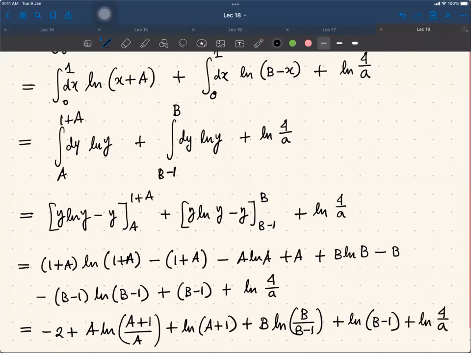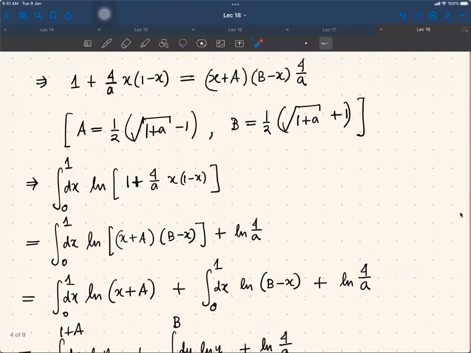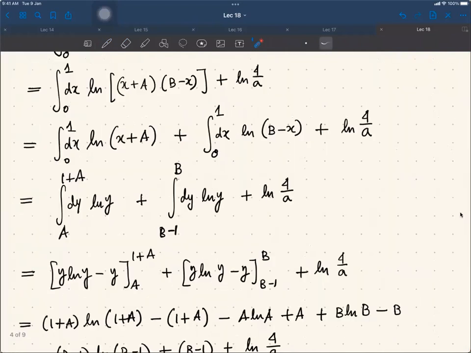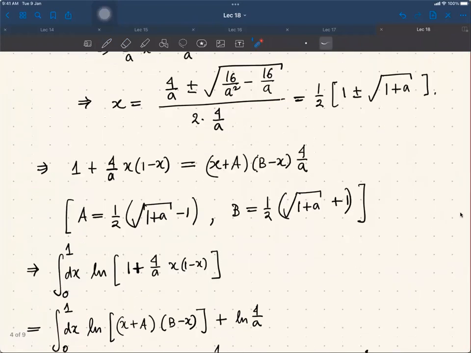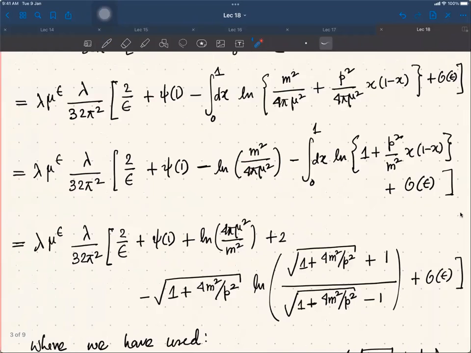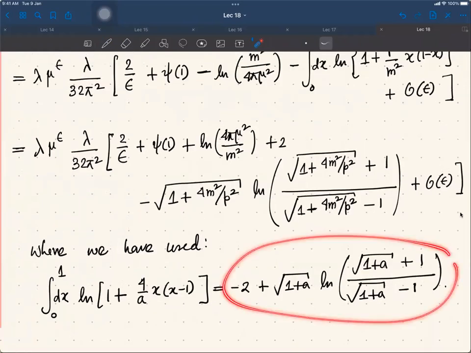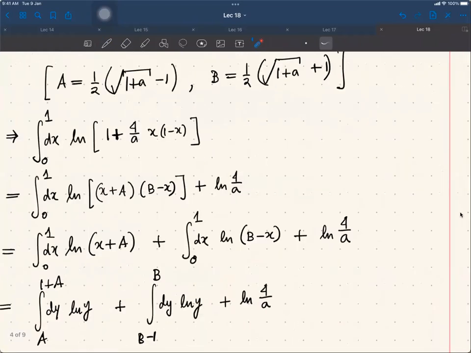Now you substitute the values of a and b. It's a bit of algebra to get to the final result, but it is straightforward nonetheless.